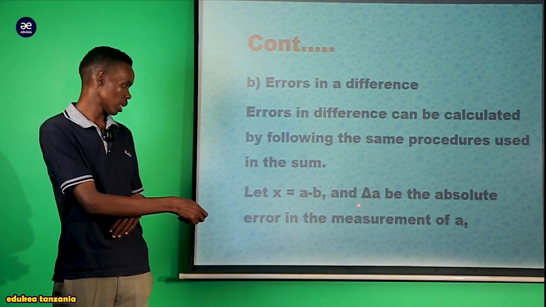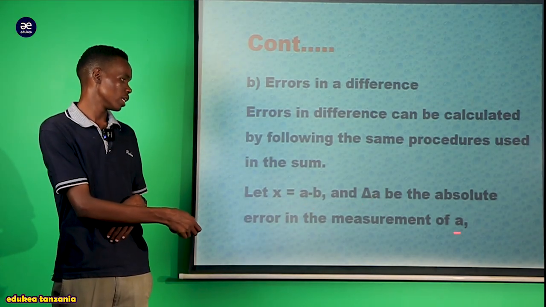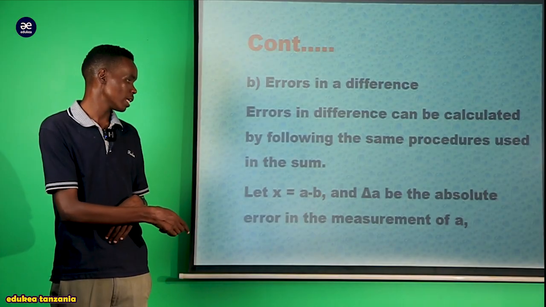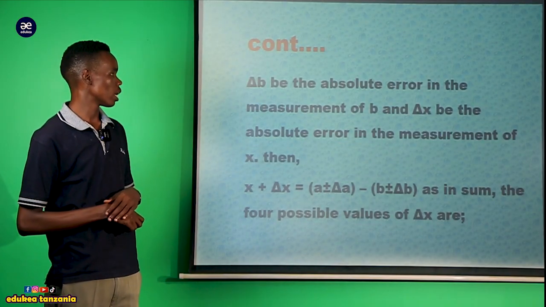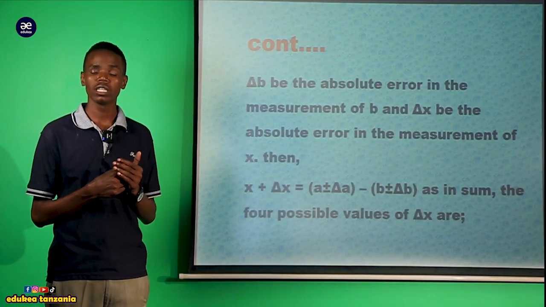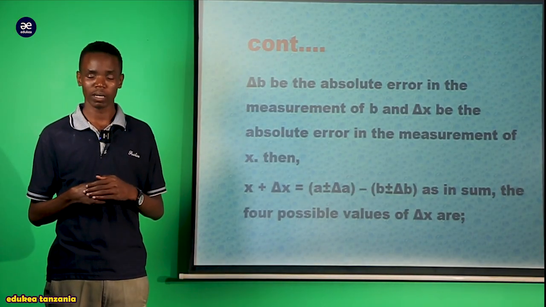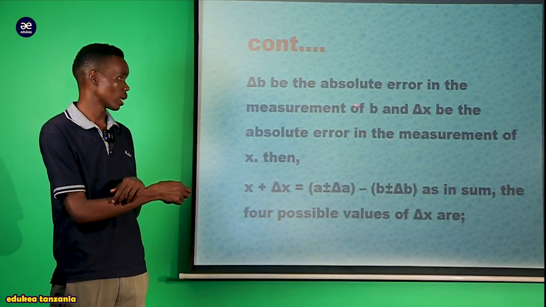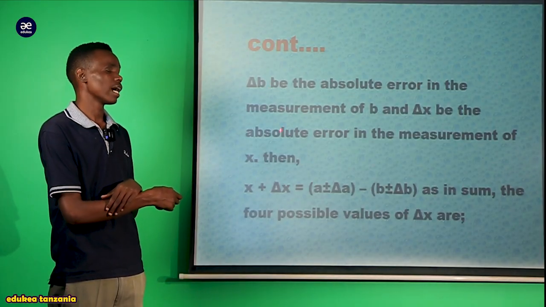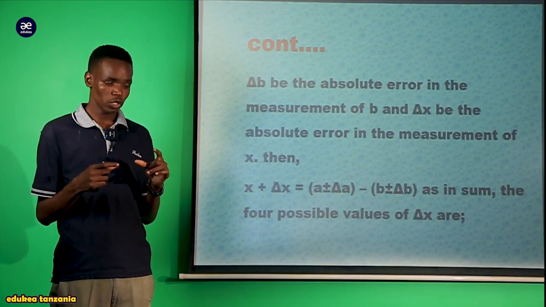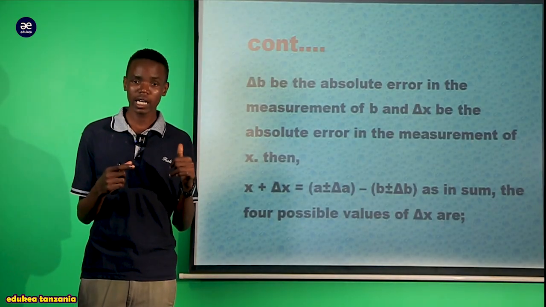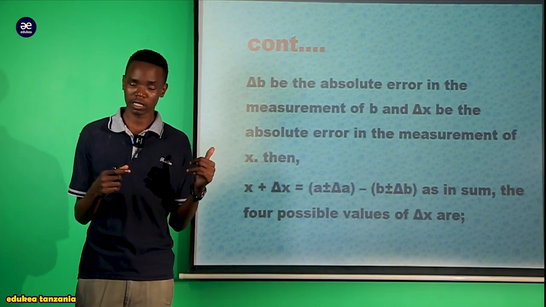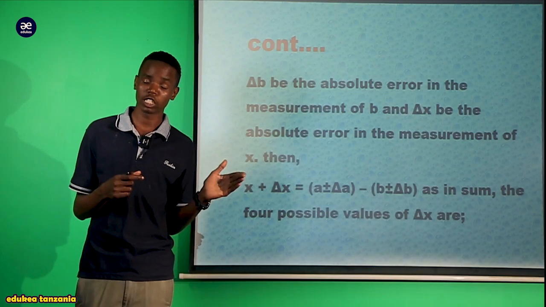This change of a represents the absolute error in a, and the change of b represents the absolute error in the measurement of b. During the measurement of b, the error that occurs we term the change of b.